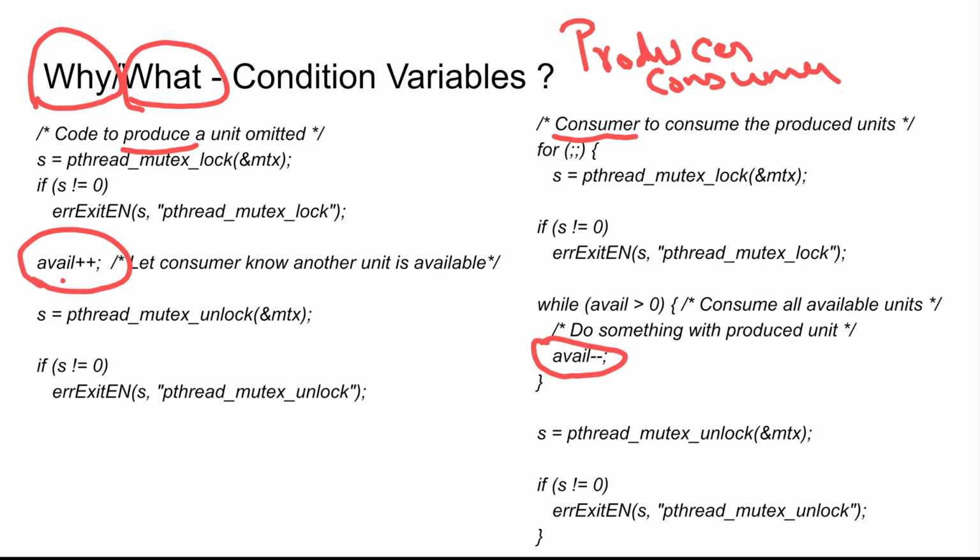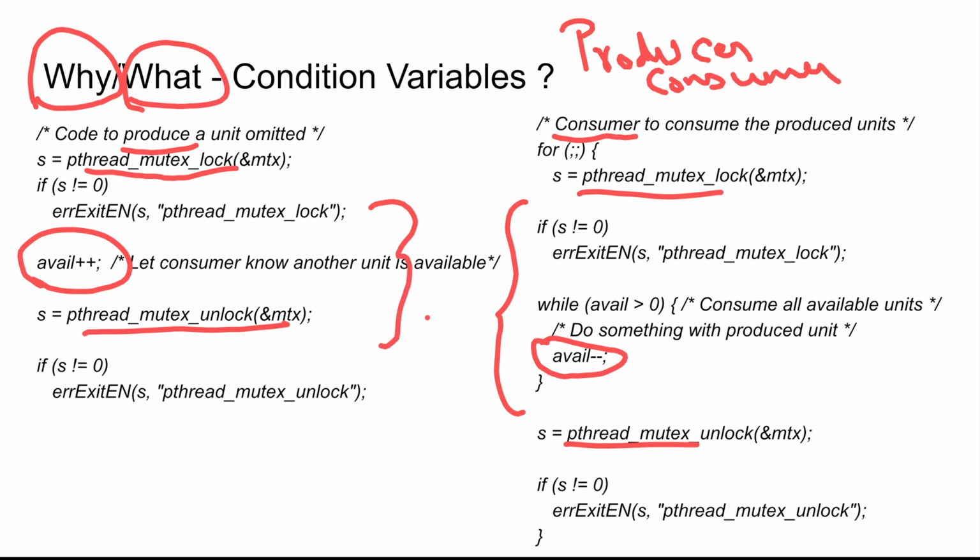And since this integer variable is shared amongst both the producer and the consumer thread, there has to be a pthread mutex lock and unlock in both producer and consumer around the critical section of the code where we access the shared variable.